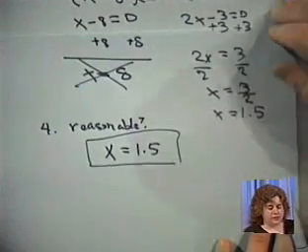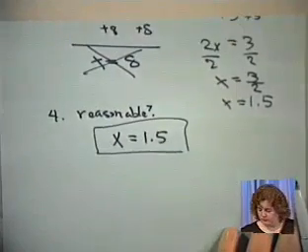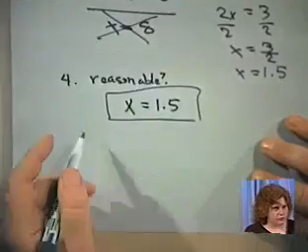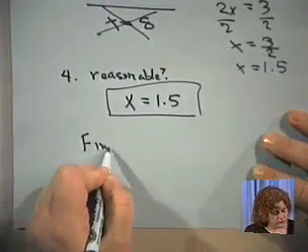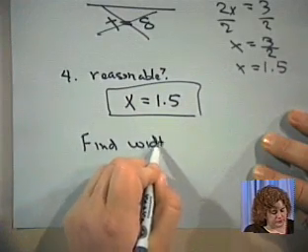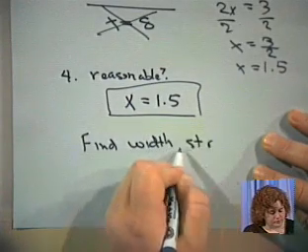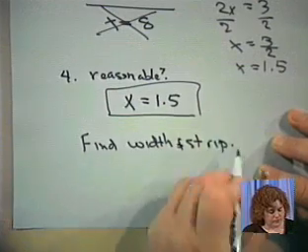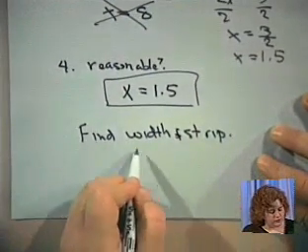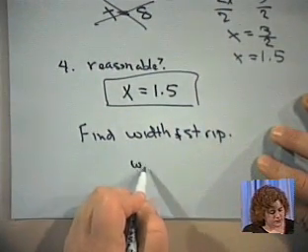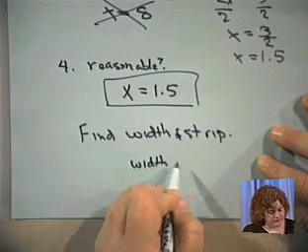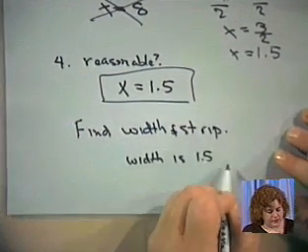If we go back and look at the original question, it was to find the width of the strip. The answer then is the width of our strip is 1.5 inches.